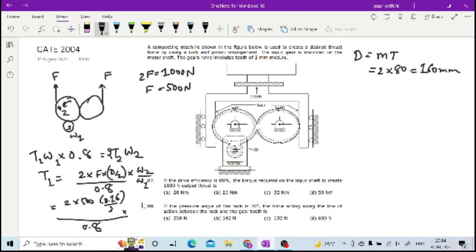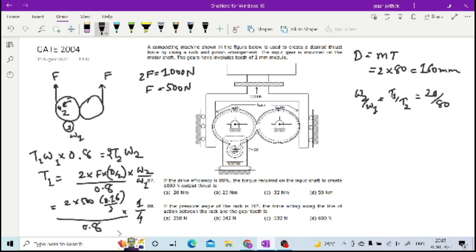Now omega 2 by omega 1 can be calculated from the ratio of teeth. T1 is given as 20, T2 is given as 80. So omega 2 by omega 1 is nothing but 1 by 4.